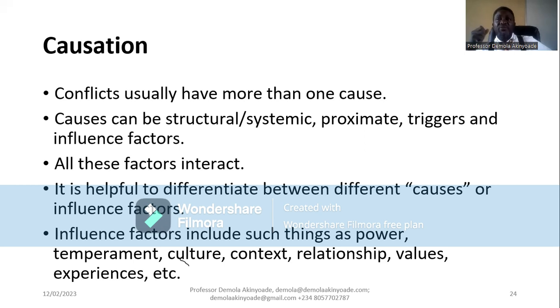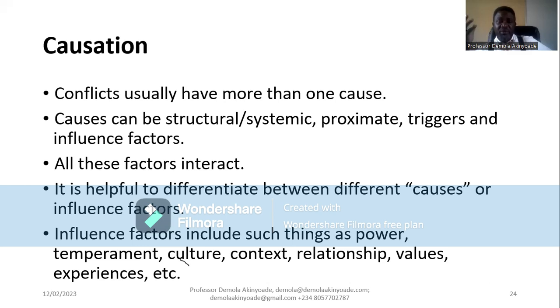Now, within the charged environment of an election period, let's say two major political parties hold their rally on the same day within close proximity, maybe within the same town. It has happened in Ado-Ekiti before.